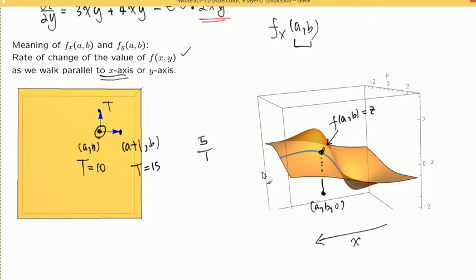So, when you're differentiating with respect to x, what happened to y? Y never changes, right? Y is fixed. So, if you look at this path here, the blue one, would you agree that all the points in here have the same y coordinates? If you project it on that, it's just like a vertical line.